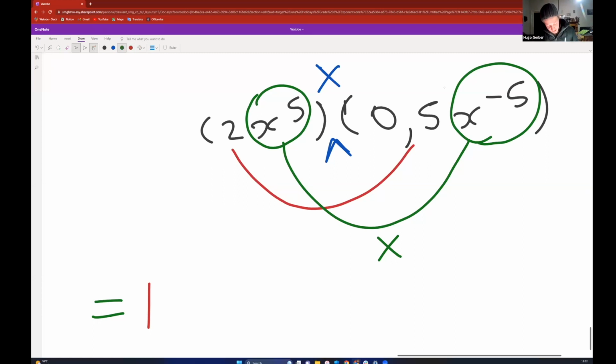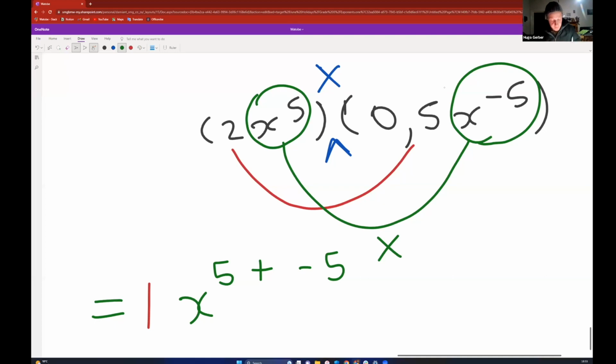And now I'm going to have x to the power of 5. And like I said, because we multiply, we can add the terms. So plus negative 5. Okay, that's my orders up there.